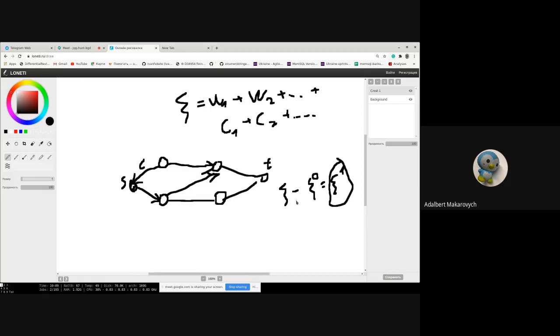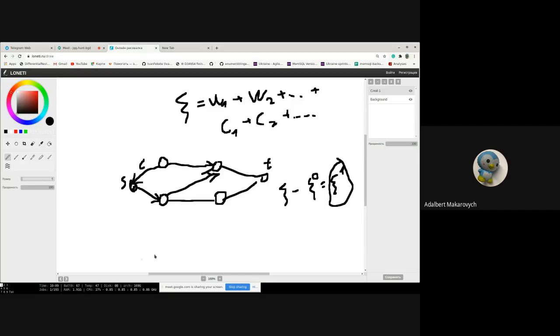Because we said that C and C0 both have max flow, if we subtract, we will get a flow with 0 value, but with some cost because we have cycles.